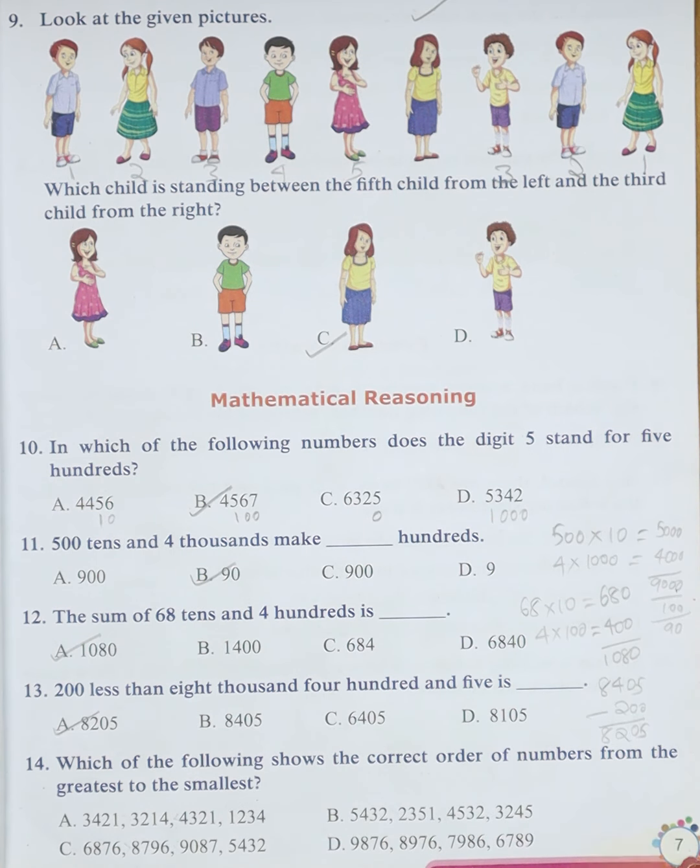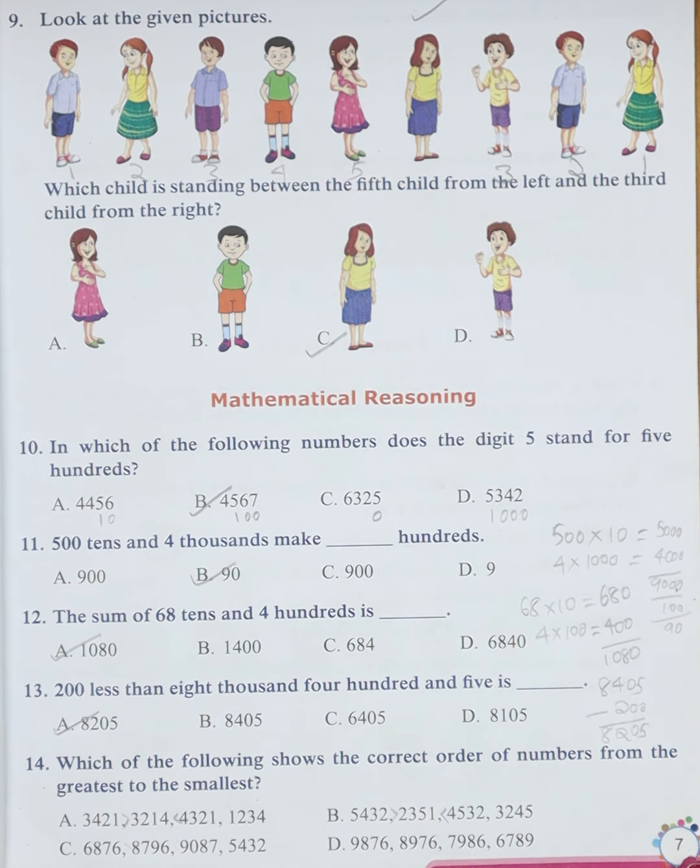Which of the following shows the correct order of numbers from the greatest to the smallest? So it is greatest to the smallest. So 3421 is greater than 3214, but 3214 is less than 4321. And moving on to the next option, 5432 is greater than 2351, but 2351 is less than 4532.